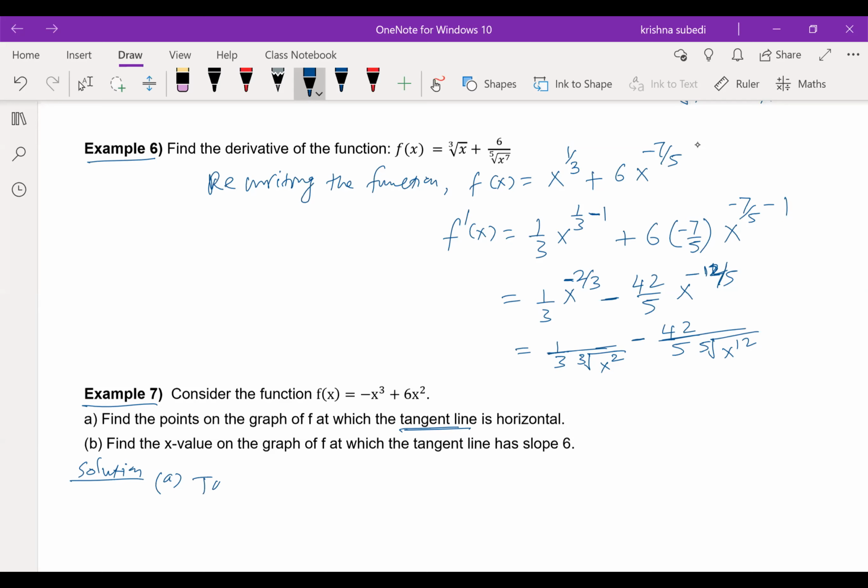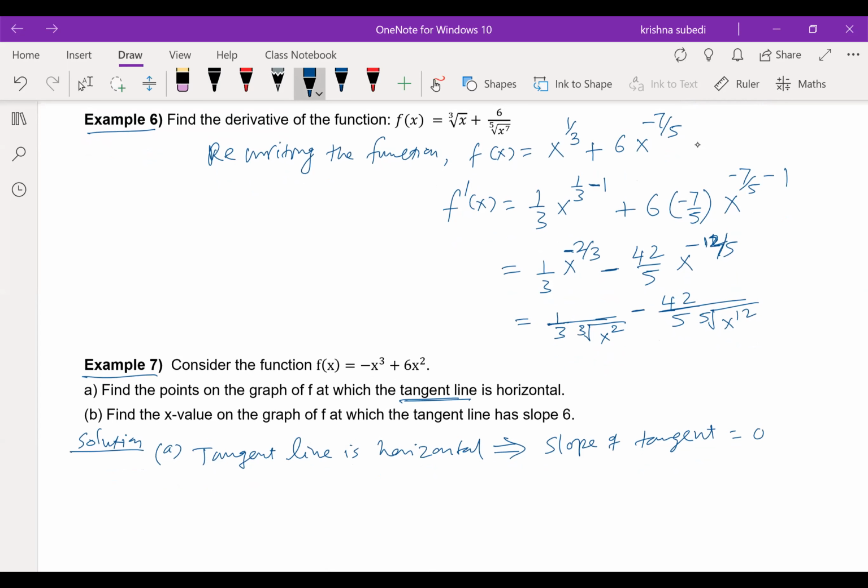So this implies the slope of the tangent equals 0, which implies the derivative is 0. All right, so let us find the derivative.